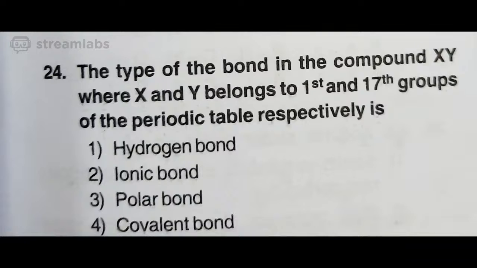Remember, if it is the first group, they are considered metals. If it is the 17th group, they are halogens or nonmetals. When metals combine with nonmetals, ion formation takes place.